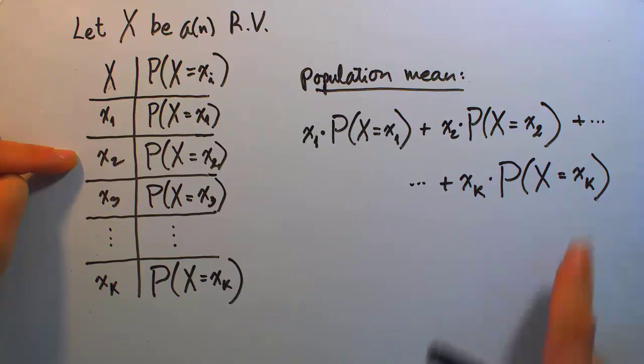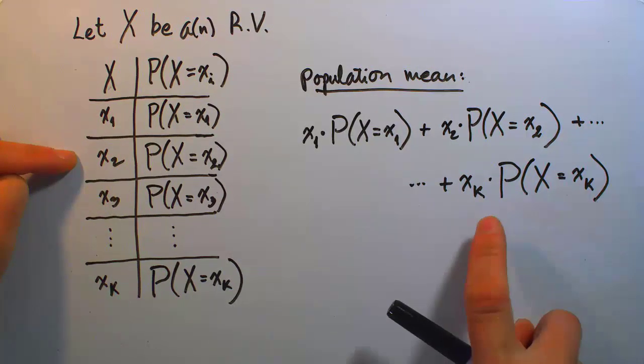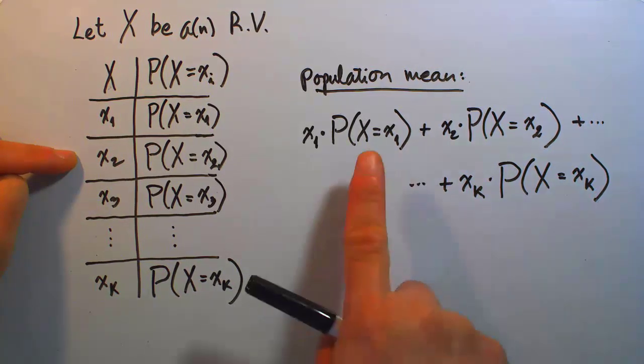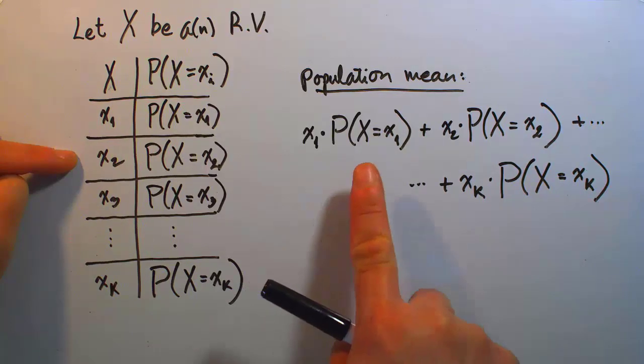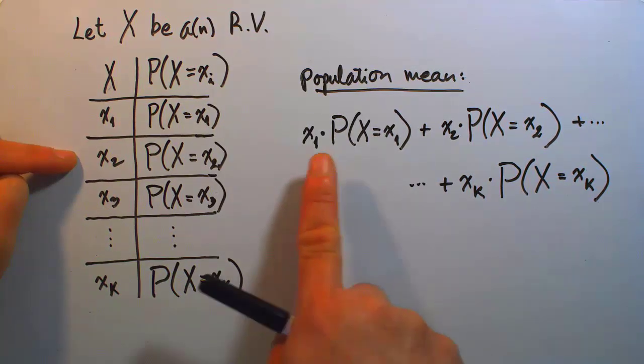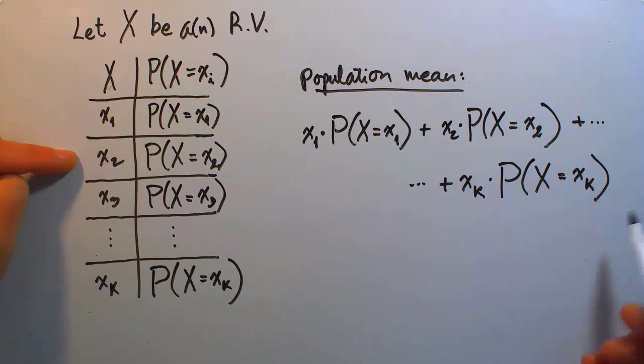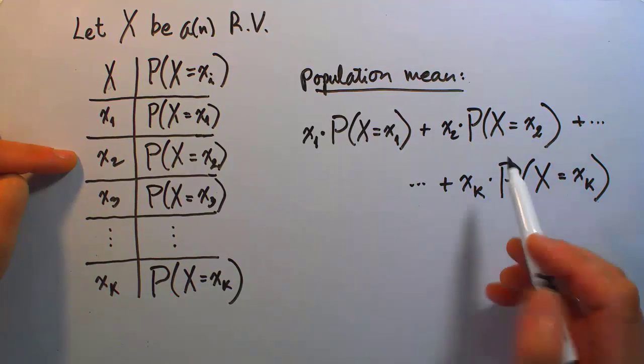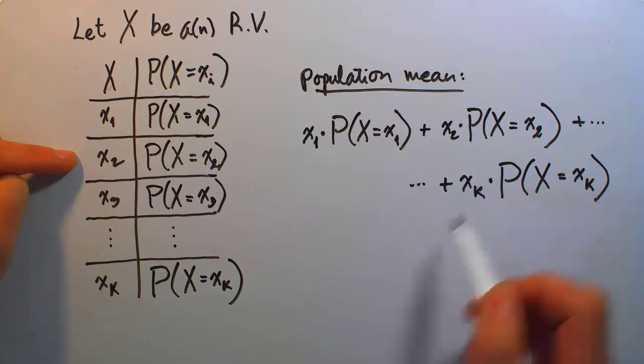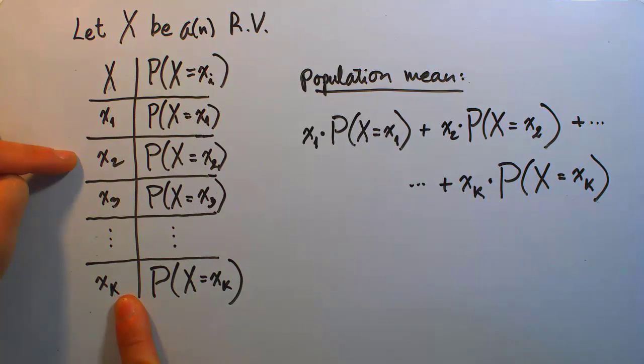I ran out of space on my writing board, so I have to write it down here. But if you have more space on your own paper when you're taking notes, it's really just one formula that keeps extending further out to the right-hand side. And this work will end at the kth value on our list right there.